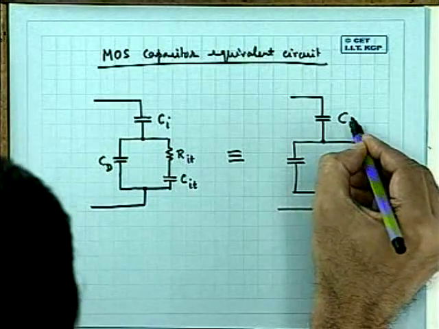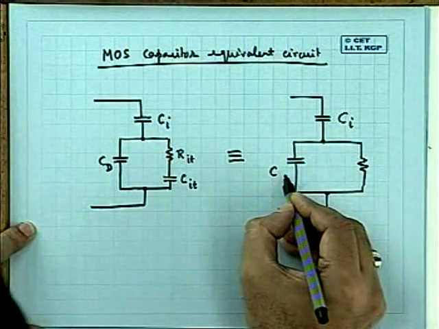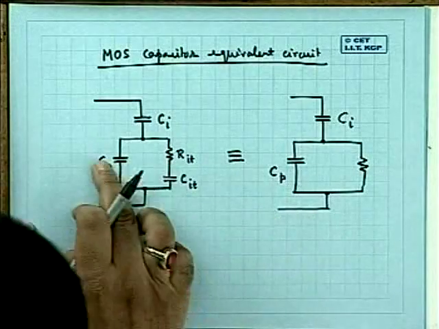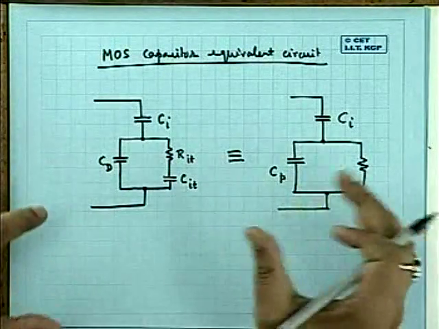This is the same CI, but now I call it CP, the parallel. I convert this circuit into an effective parallel circuit.